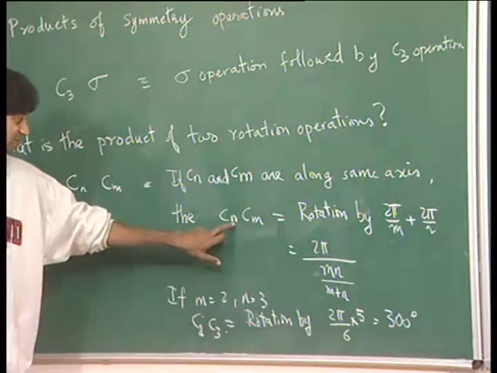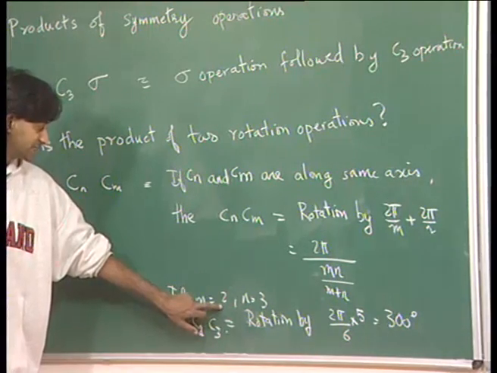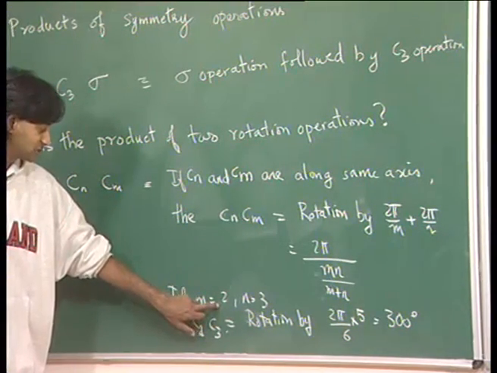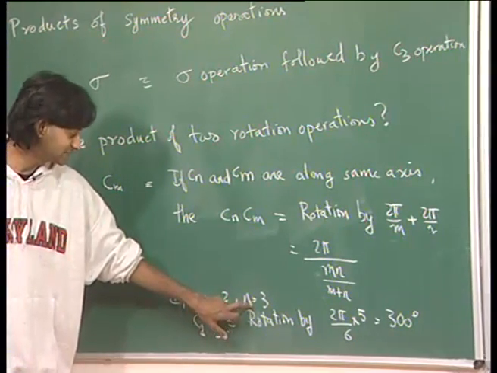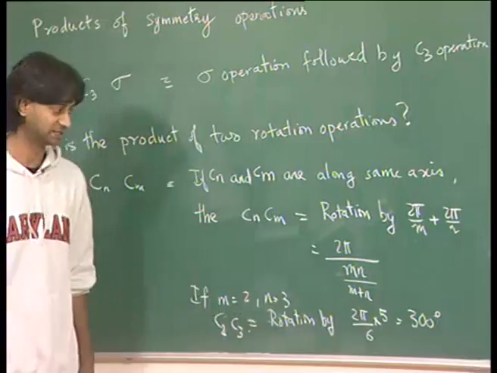That makes sense, because m is 2, so that is 180 degrees, and n is 3, so that is 120 degrees. 180 plus 120 is just 300 degrees.